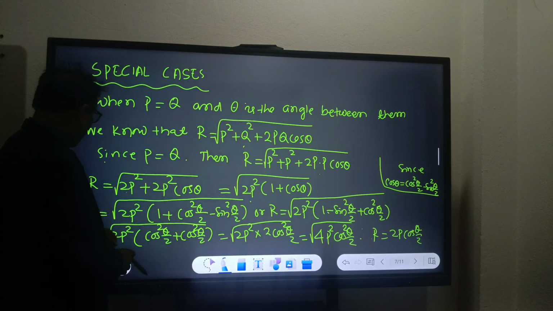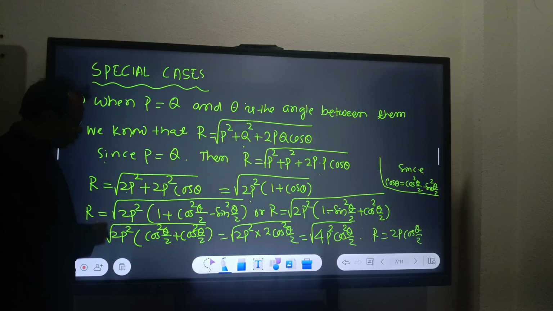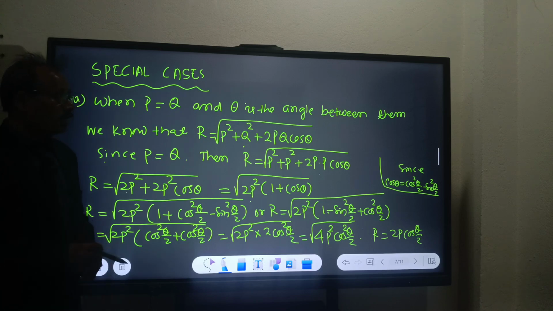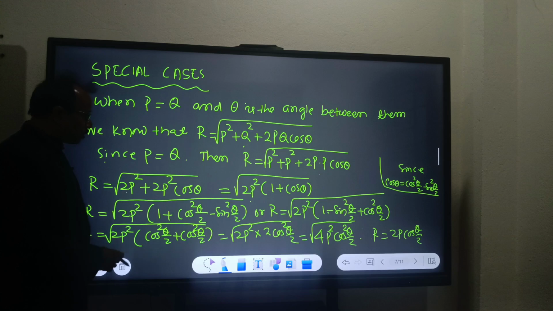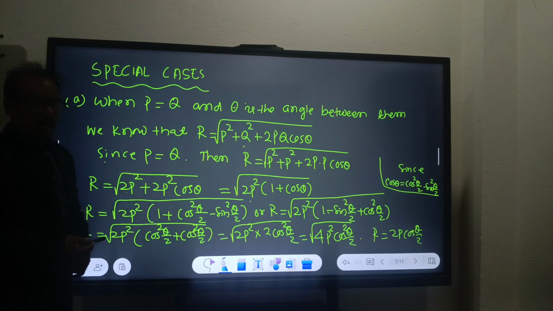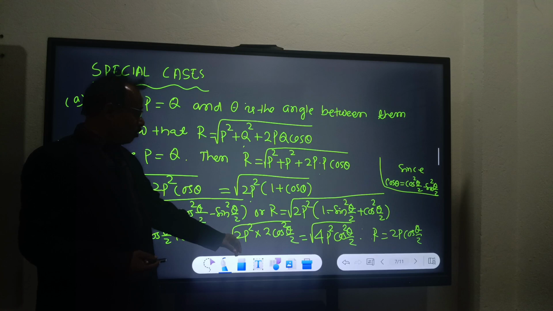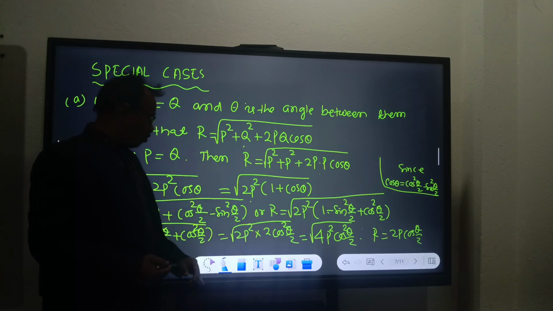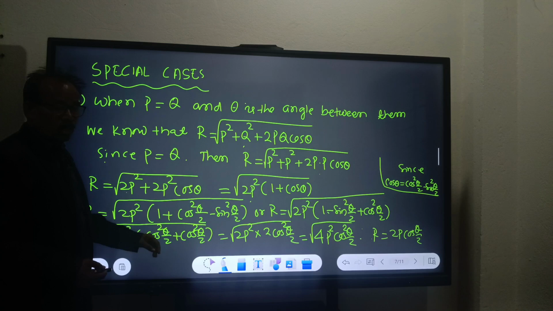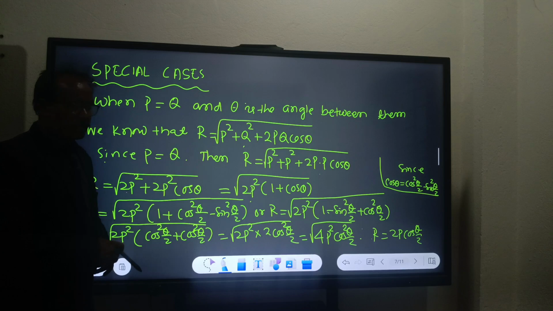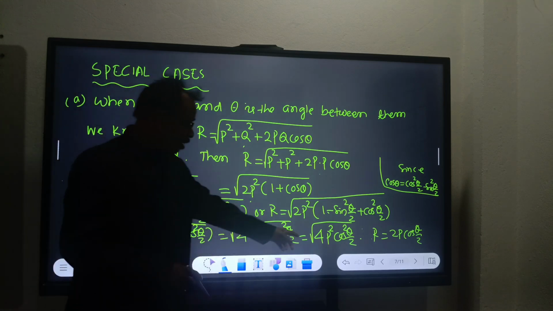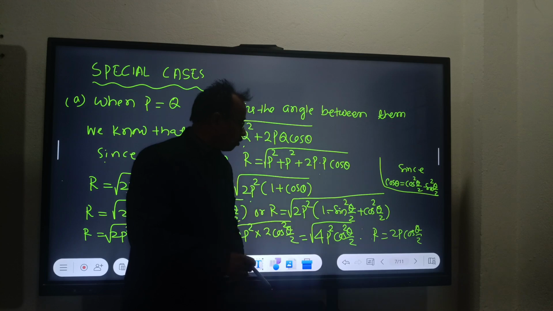Then R is equal to 2P square. You know that 1 minus sin square theta by 2 is equal to cos square theta by 2. Therefore, cos square theta by 2 plus cos square theta by 2 is equal to 2 cos square theta by 2, so R square is equal to 4P square cos square theta by 2.